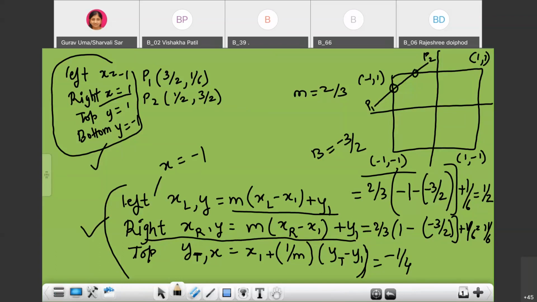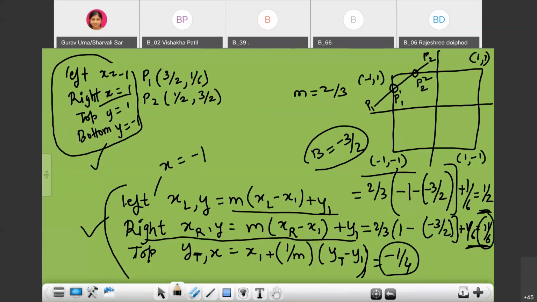So we have got the bottom, the left side, the right side, and the top side. These four values we have already got. So these are the values of my new P1 dash and P2 dash, that is my intersection points.